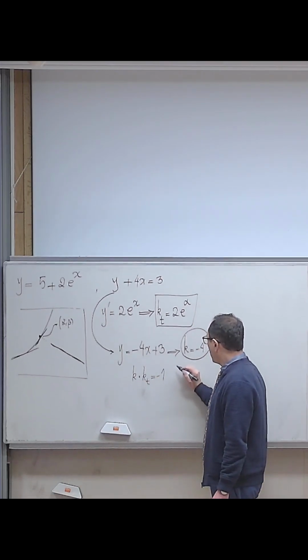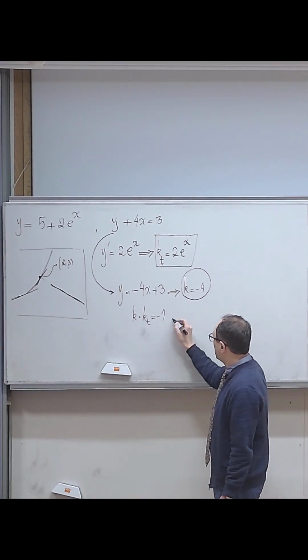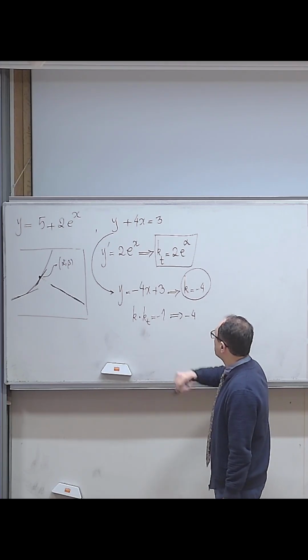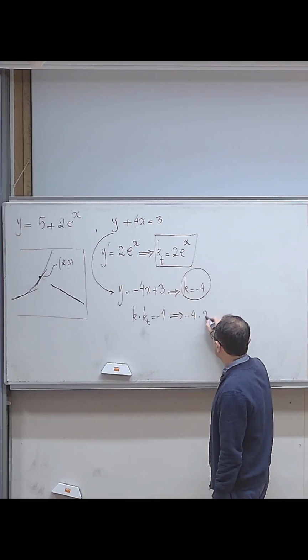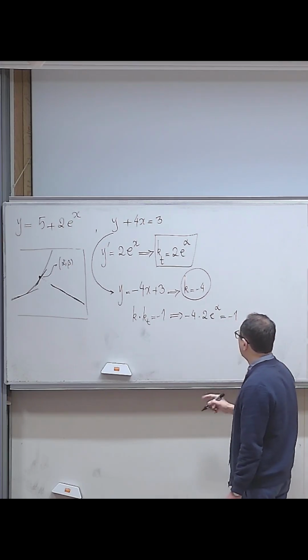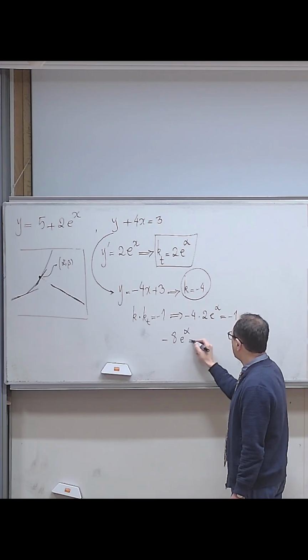But I already know the exact values, so if I put them there, minus 4 times k of t, which is this one, 2e to the power alpha, is equal to minus 1. So this becomes minus 8 times e to the alpha is minus 1.